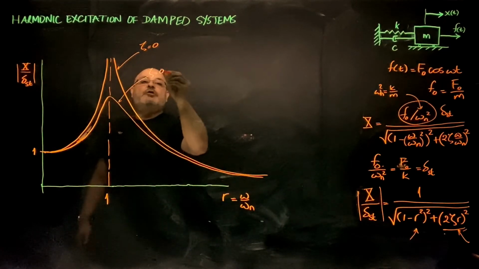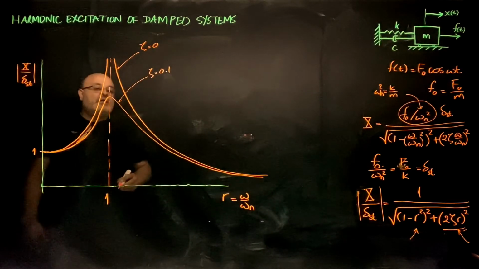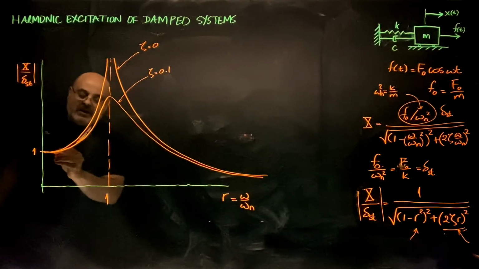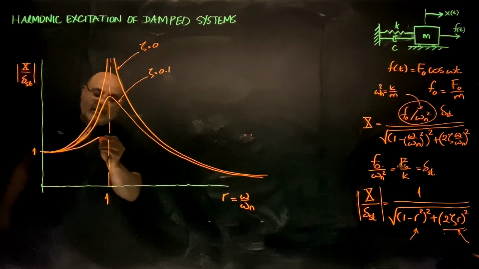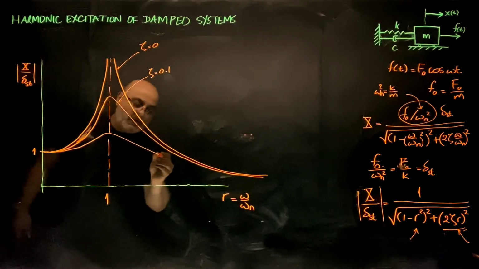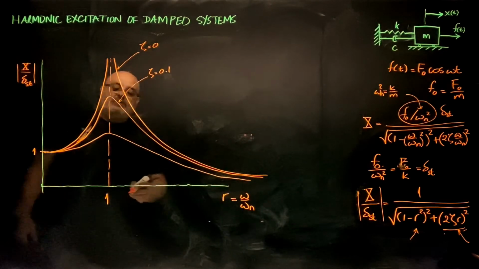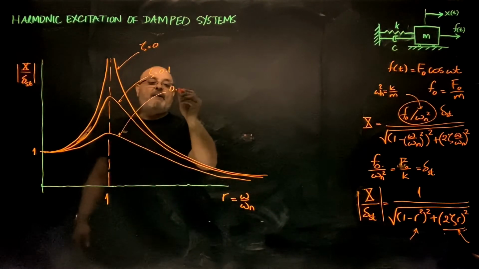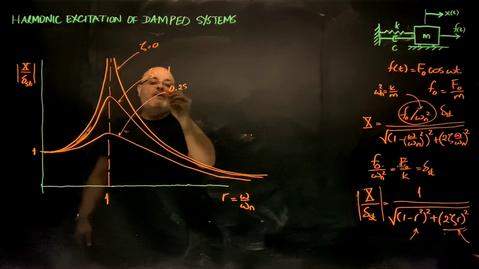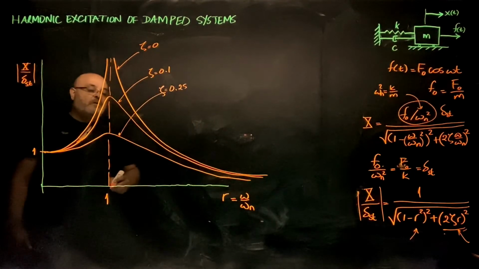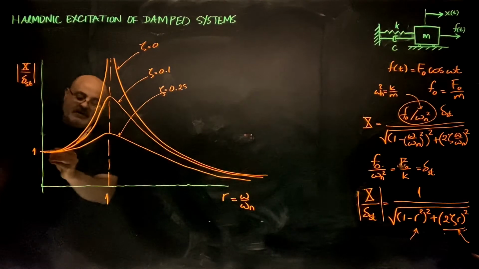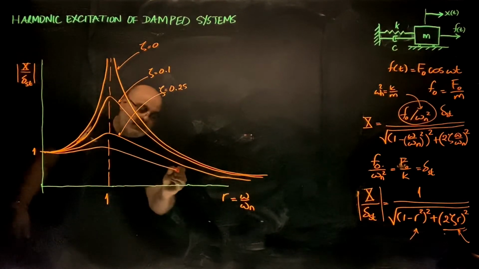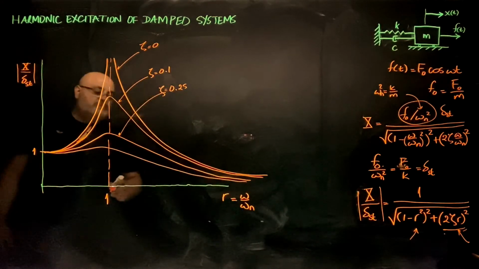So this could be zeta 0.1. Increase zeta further, let's say 0.25. Again, the rise will be a bit smaller. Go back to 0. At 0.5, you can hardly see a little rise to 0.